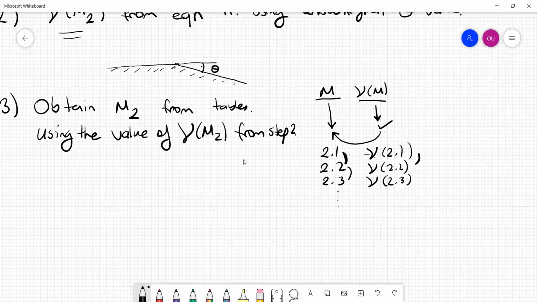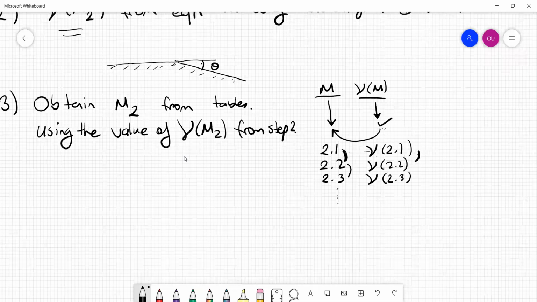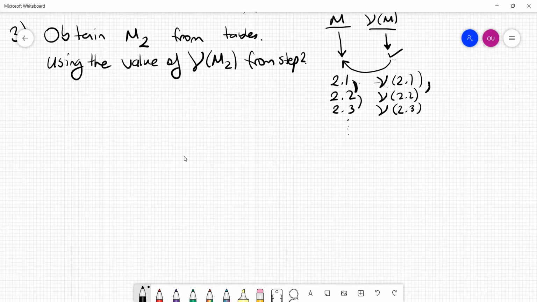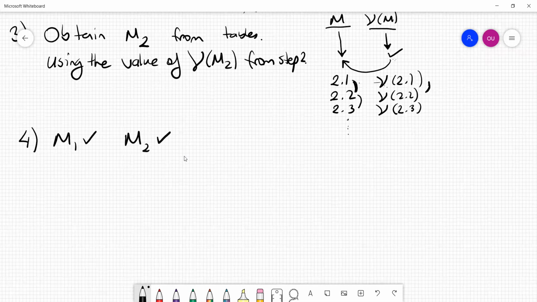These are the expansion fan lines, Mach wave lines. When we reach step 4, we do know M2. We do know M1, this is calculated. We do know M2, this is calculated. And the nice thing is the entire expansion fan process is isentropic.